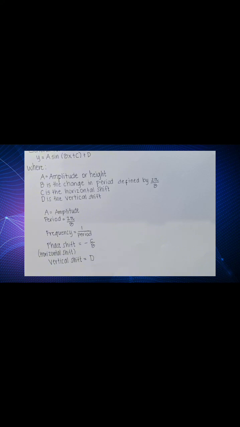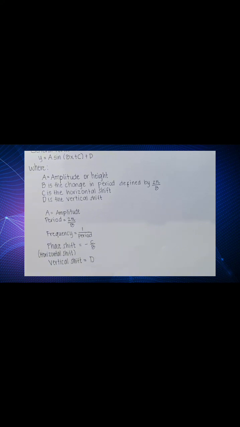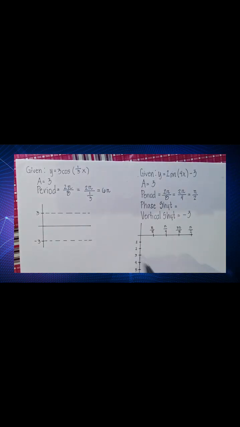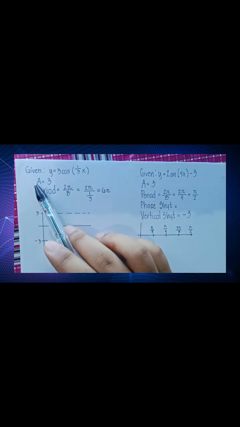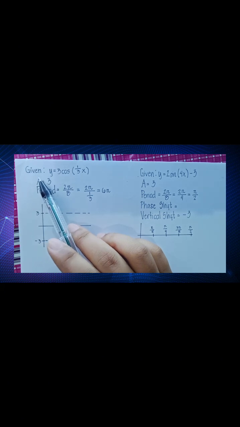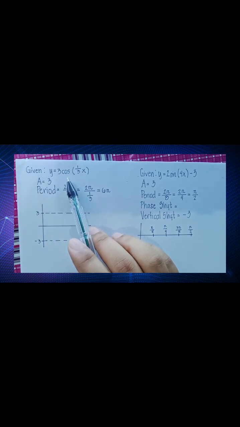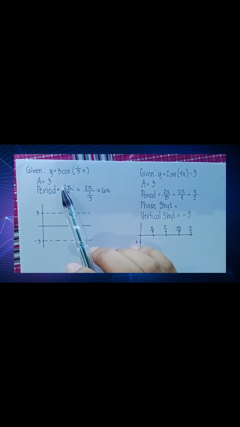So next is our first example. So this is the given: y equals 3 cos open parenthesis 1 over 3 x close parenthesis. So here the amplitude is equal to 3 because of the 3 cos, so yeah, it's 3.